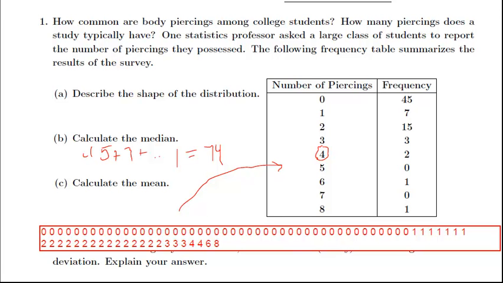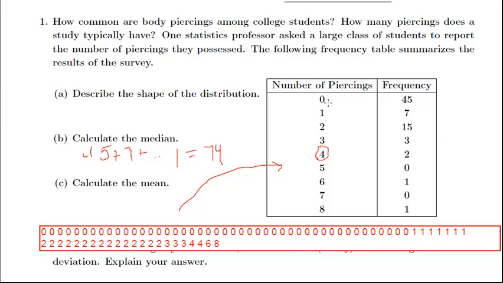And so I could come down to my table here and count 1, 2, 3, 4, 5, 6, 7, all the way up to 37 and 38. That's going to be my median, the average of those 2 observations. So it's the average of 0 and 0. But I don't necessarily want to write it out like this every time. I could just go to my frequency table.